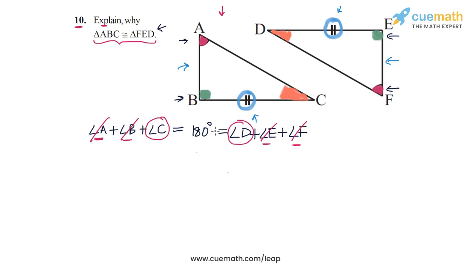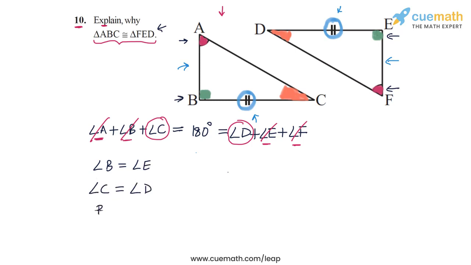And this means that if we now compare, in the two triangles, the pairs angle B and angle E, so this is equal, and we have shown that angle C and angle D are equal.